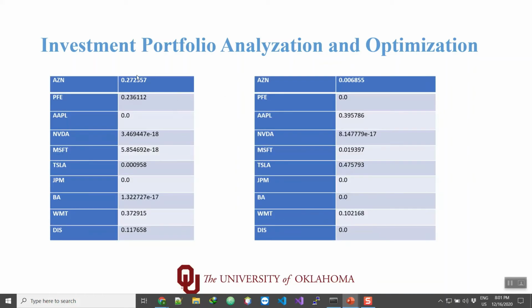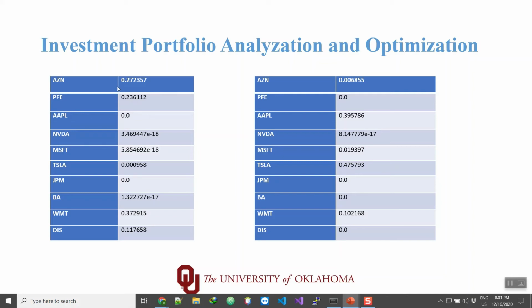So how the allocation should go for minimum volatility: we can see that it says don't invest in Apple, don't invest in JPM, put a little money in Tesla, put a big amount of money in Walmart, and 10% at Disney, 23% at Pfizer, which is weird in my opinion.